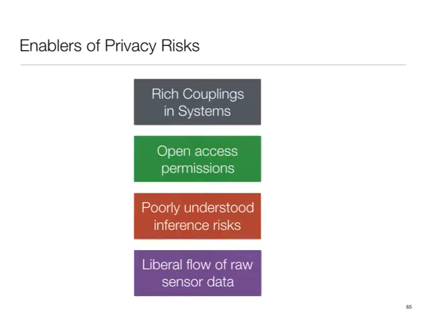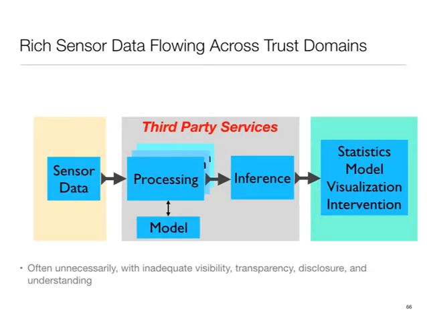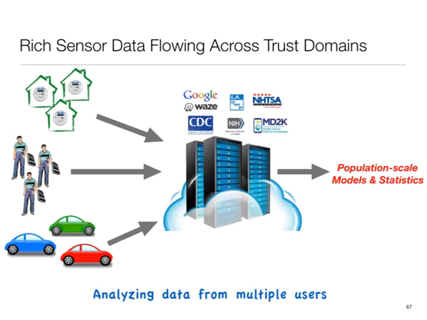So I want to talk a little bit about the approaches that have emerged. We looked into the risk side of the story. A little bit more on this issue that sensor data is shared: many interesting services have emerged where it's inevitable that either raw sensor data or something derived from it goes out.